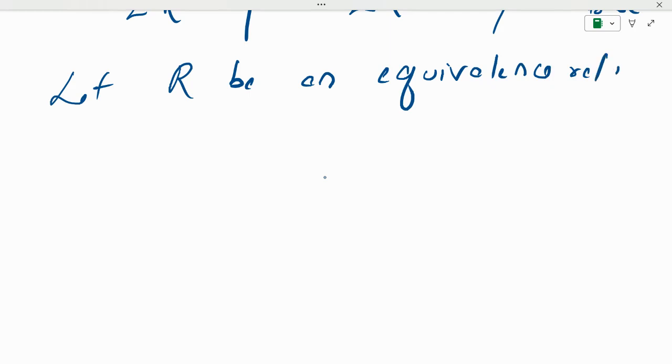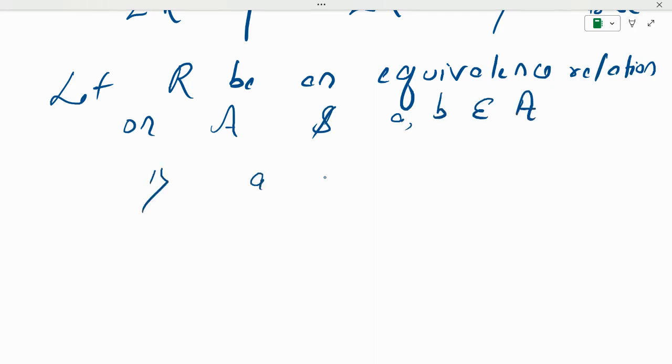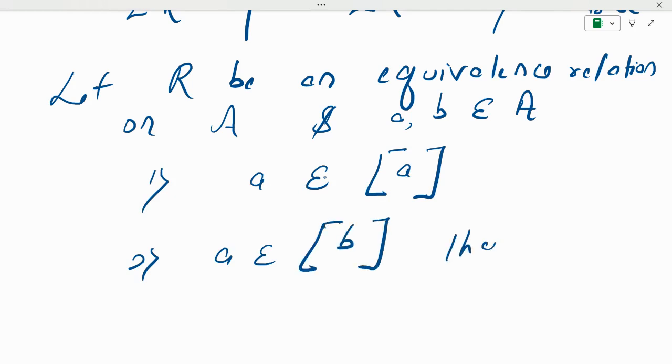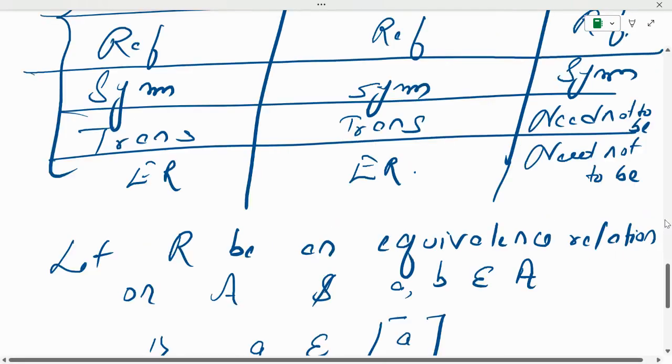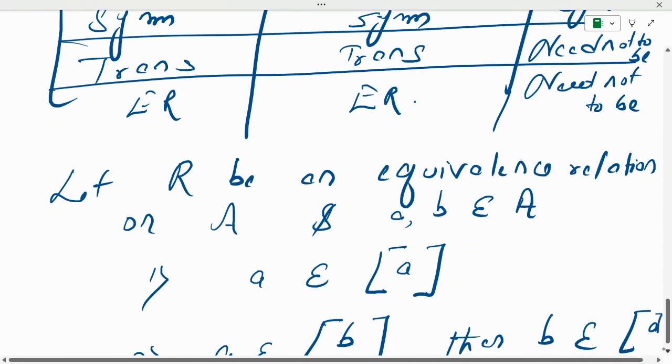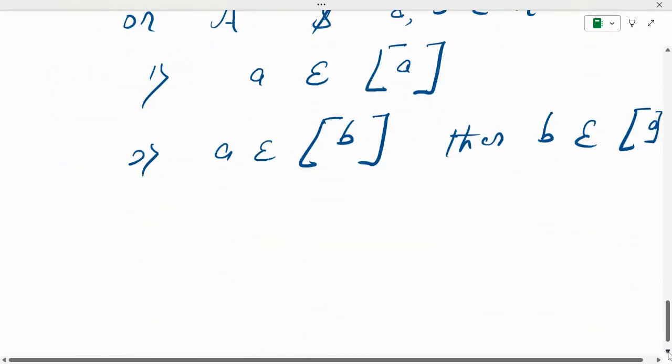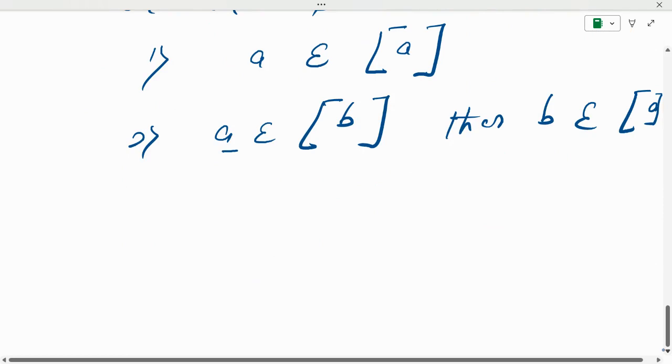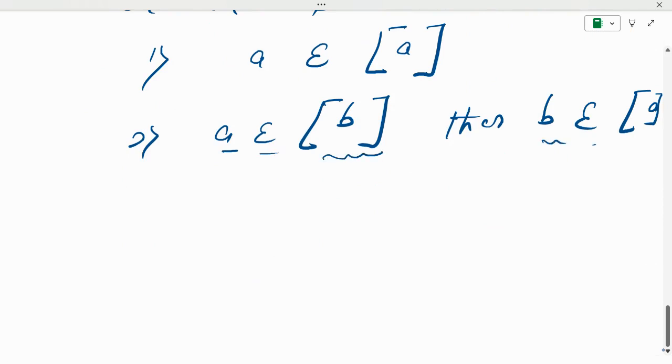Let R be an equivalence relation on A, and a, b belonging to A. First, a belongs to the equivalence class of a. Second, if a belongs to the equivalence class of b, then b belongs to the equivalence class of a.